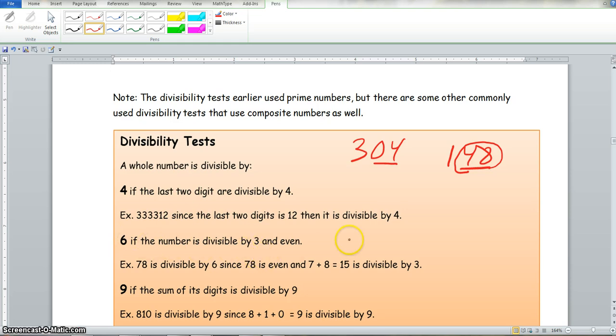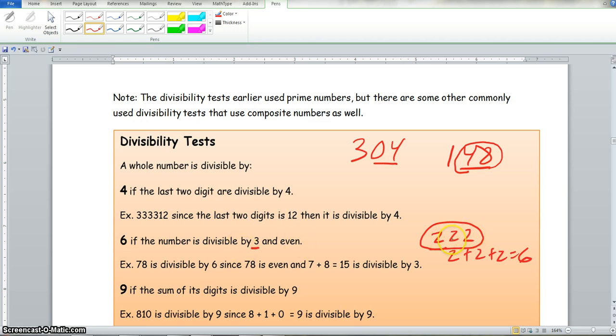And then 6, if the number is divisible by 3, like when we did 222, when we added the digits up, it equaled 6. Now this has nothing to do with the divisibility rule of 6 equaling 6. The main thing is it must follow two things: it's divisible by 3, which this is, and the original number is even, and it is.